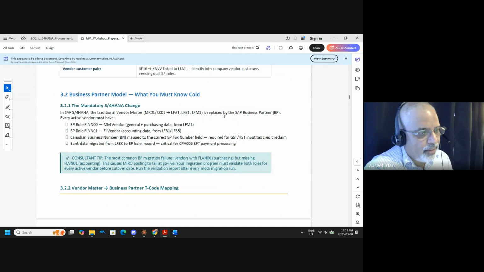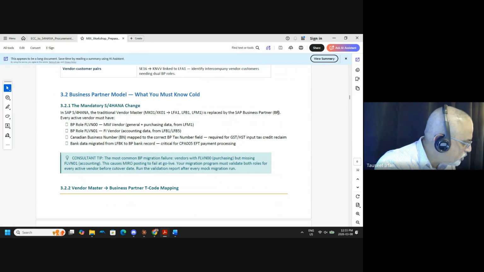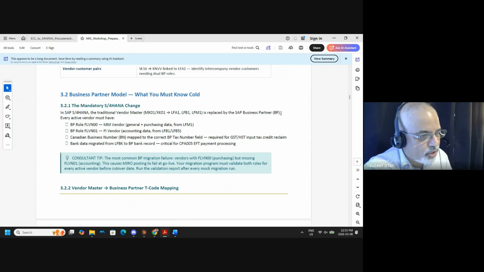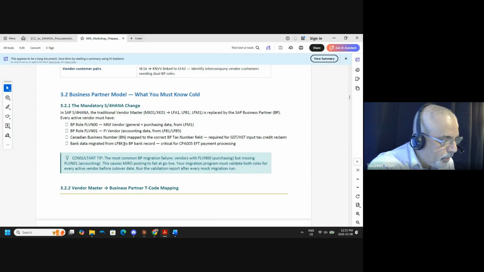And then we have the tables BUT000 and all that. I will show you that. So the tables and T codes mentioned earlier are from ECC for vendor master. In S4HANA the T code is BP, and the tables are BUT000. I will show you that.